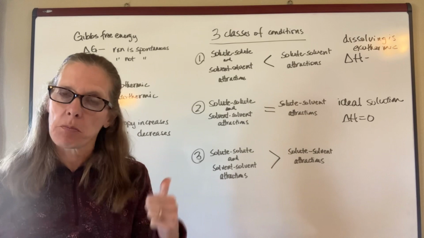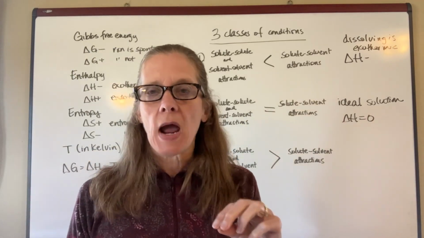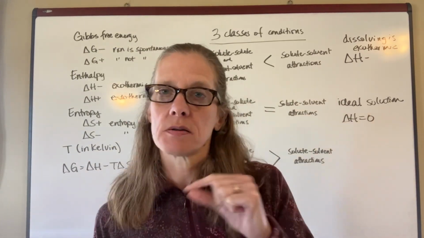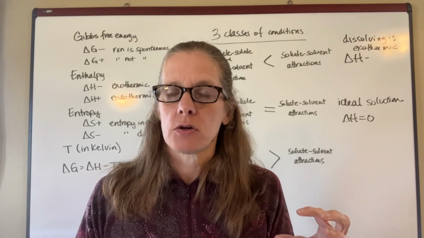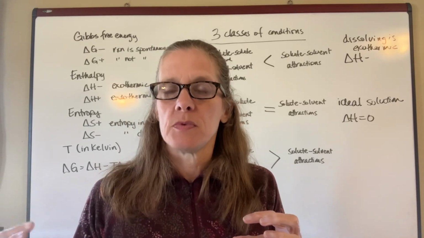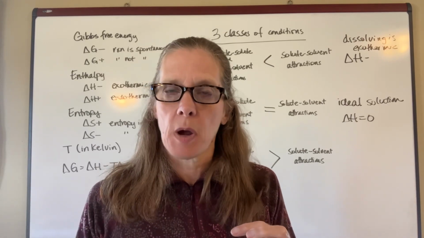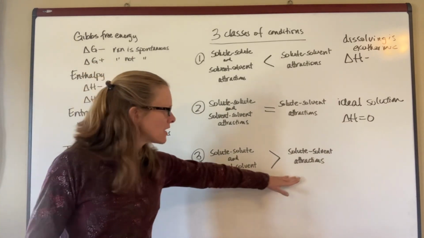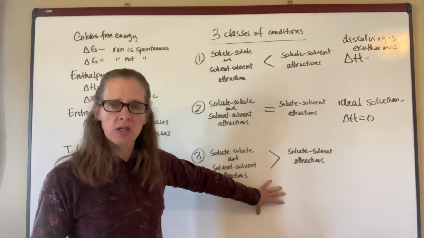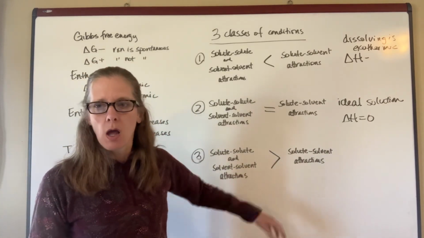And if you remember from module 4, that type of attraction is much stronger than an ion-dipole attraction, which is what I would have if I have a sodium ion attracted to the partial negative side of the water molecules. That's an ion-dipole attraction. And so a situation like this is very much the case in salt water, okay?